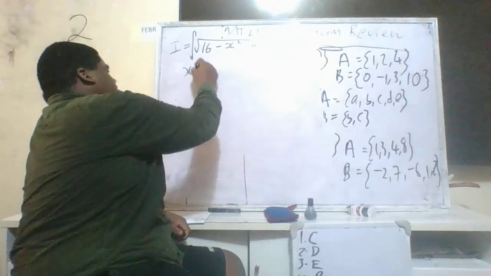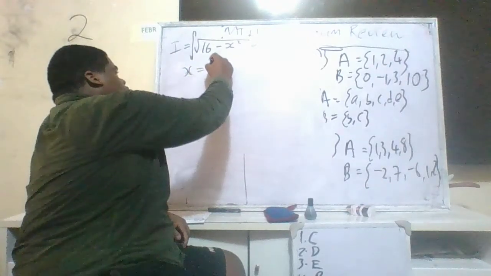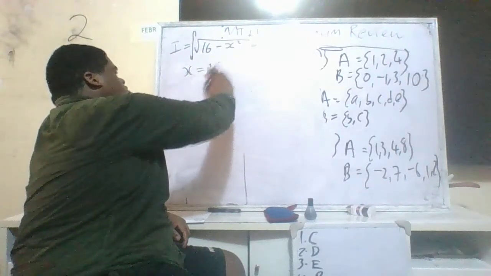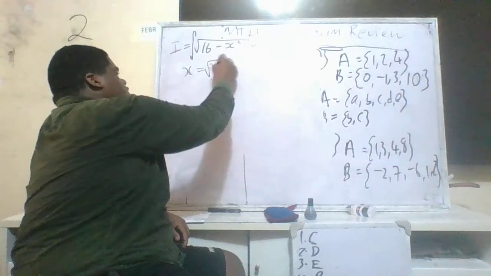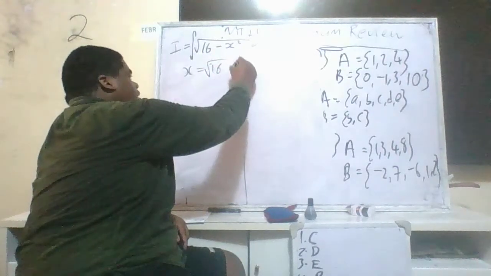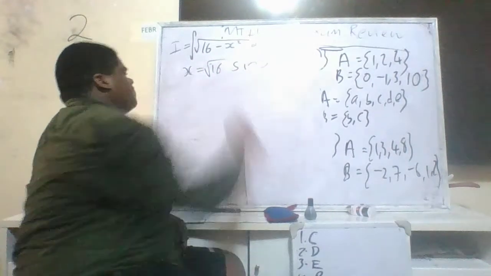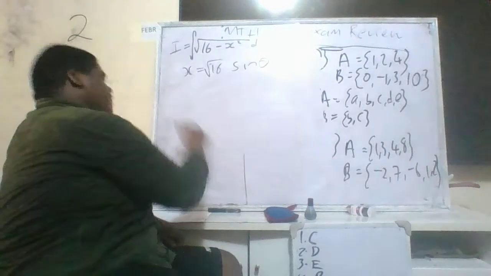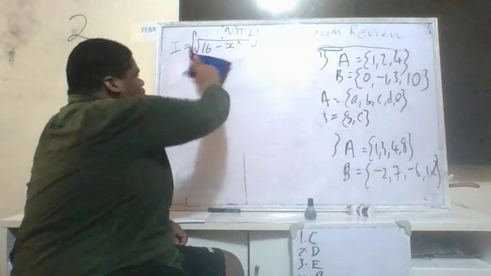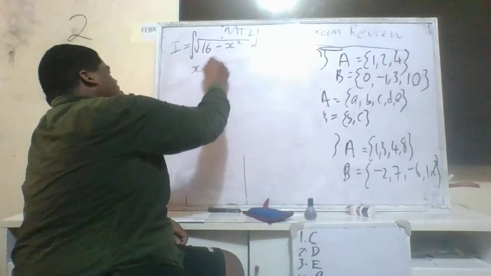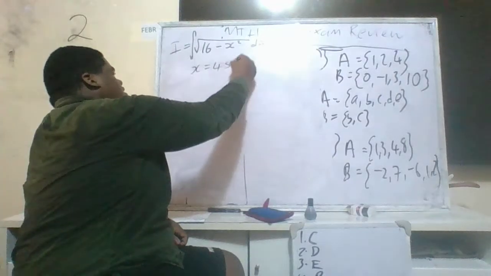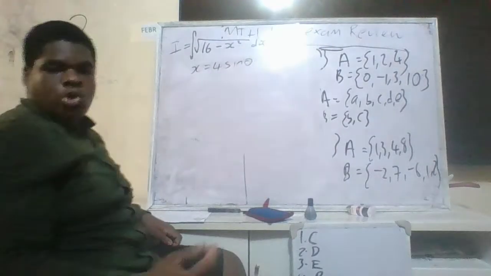So we'll say let x equal to the square root of 16 sine theta. This implies let x equal to 4 sine theta.